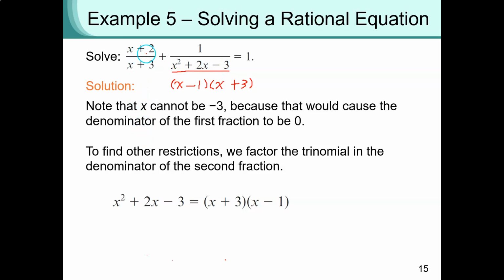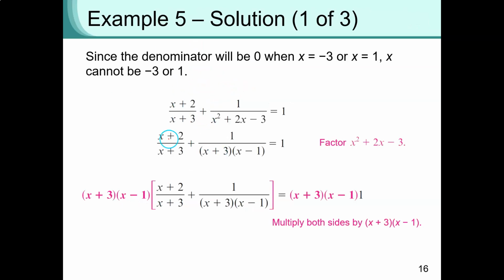So the first step is we rewrite the equation with the second term into the factored form. And now we find the least common multiple of these two denominators, which is x plus 3 and x minus 1. That would be the least common multiple, LCM.